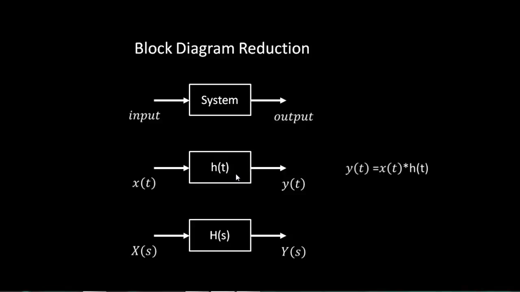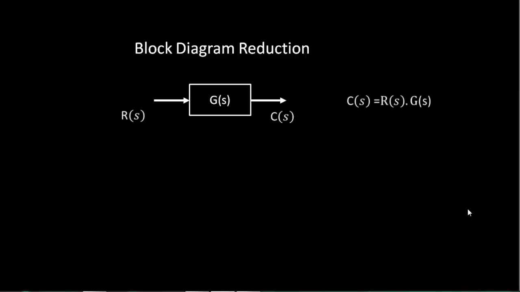But in order to differentiate, if I don't want to write every time that it's a function of s, I can simply write capital X, capital H, capital Y. Now the output Y of s is equal to capital X into capital H. So the function which was convolution is now reduced to simply a multiplication. That's what we just saw.